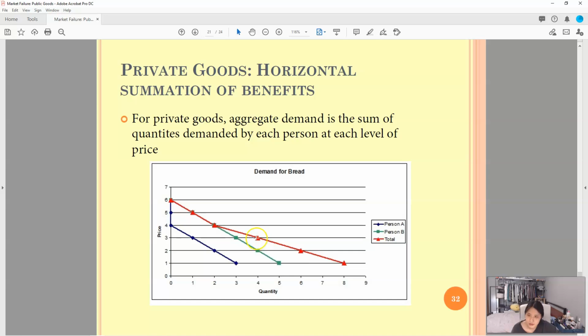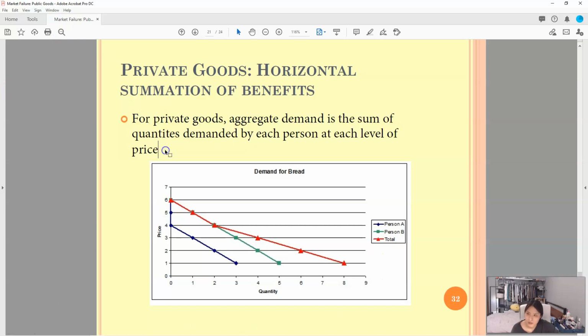The aggregate demand would be 4. When the price is 2, A demands 2 units of bread, and B demands 4 units of bread. Then the aggregate demand would be 6, right? So when we connect all those points together, we get the aggregate demand curve.